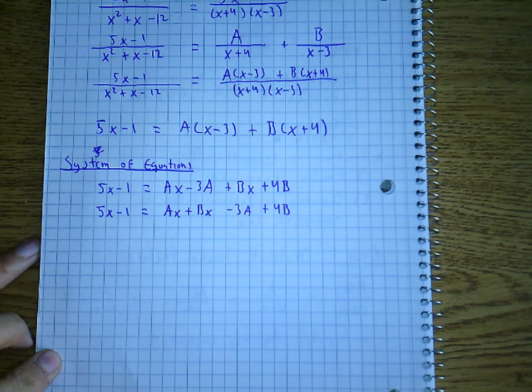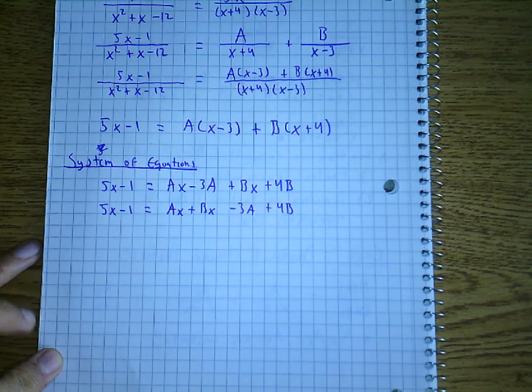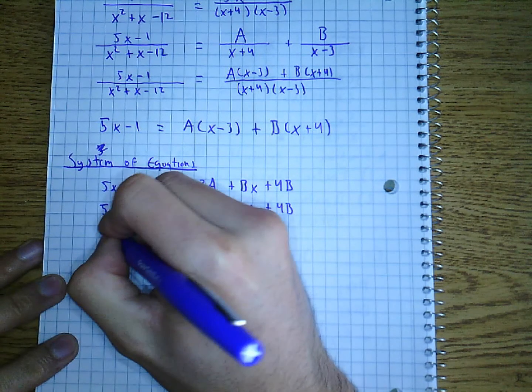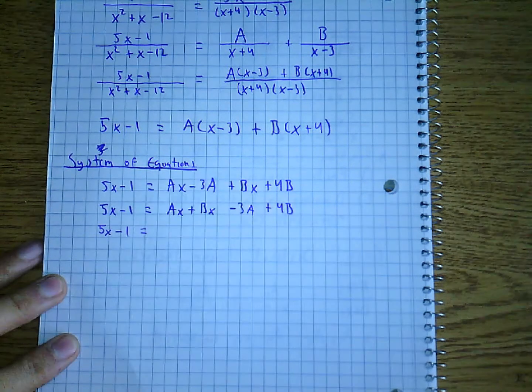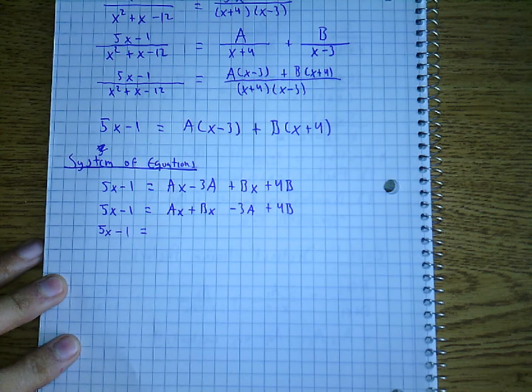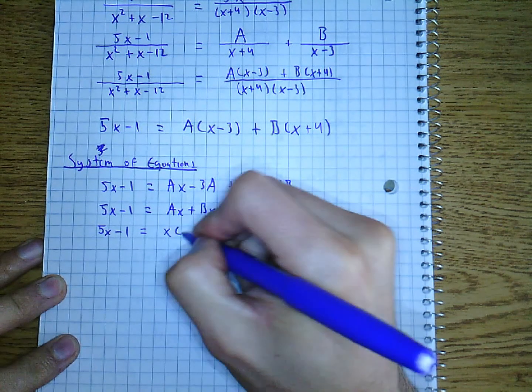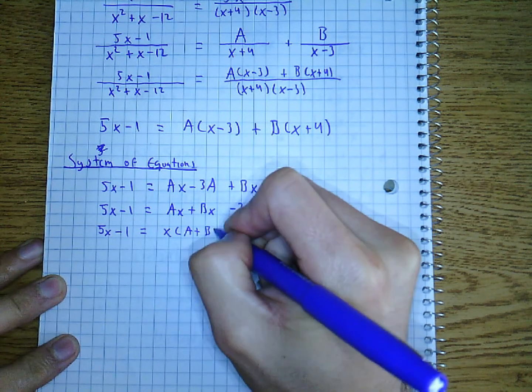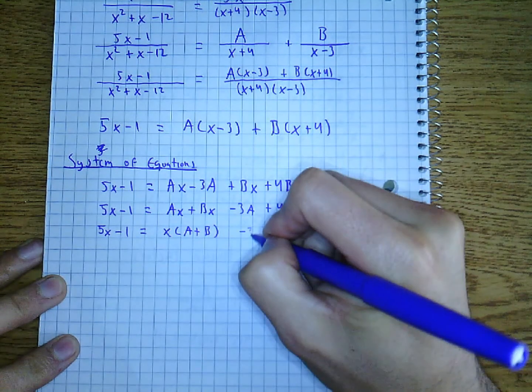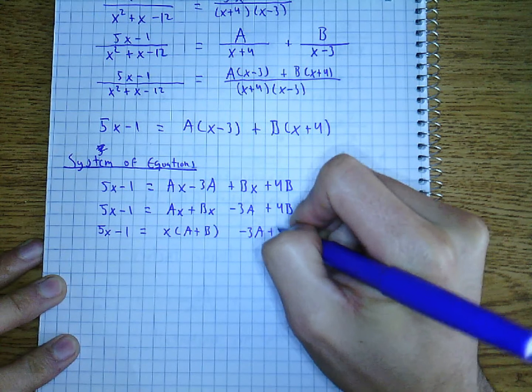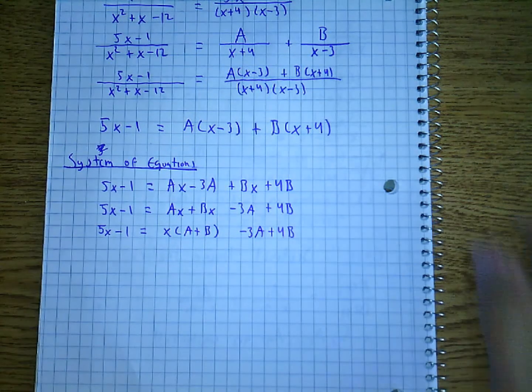Now I'm going to be showing more work than I typically show, but it's just because it's the first day. Right here, I'm going to factor out an x, and I'm going to have (A plus B). I'll let you catch up.